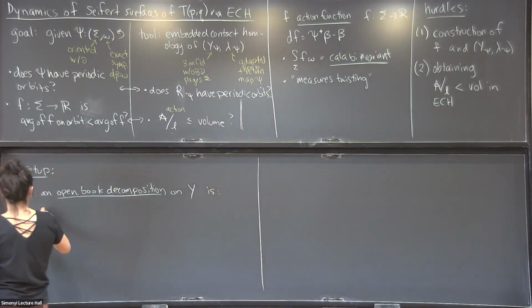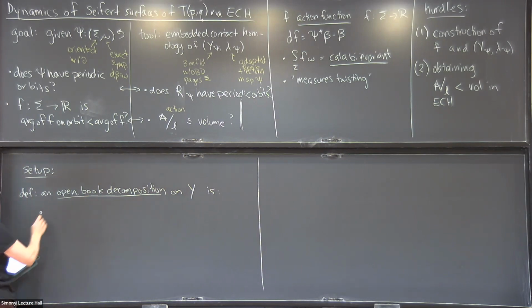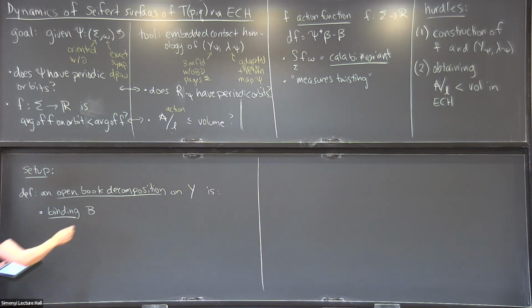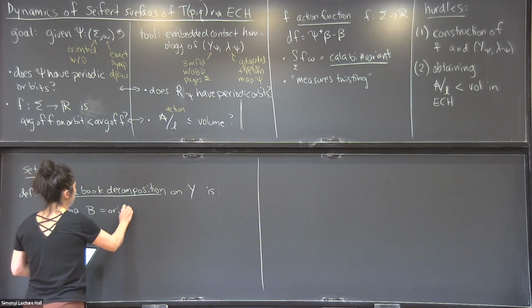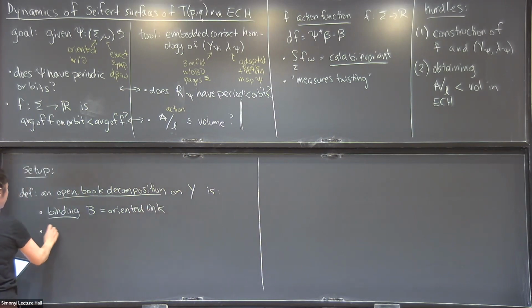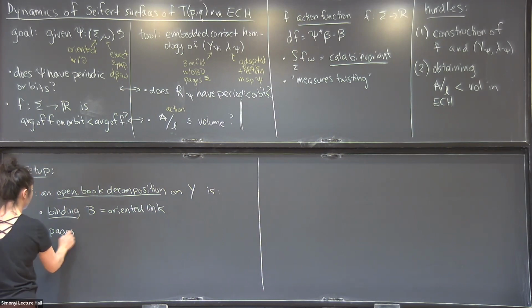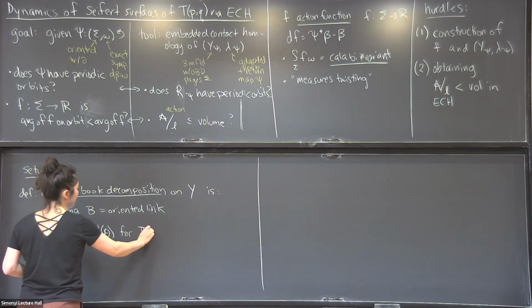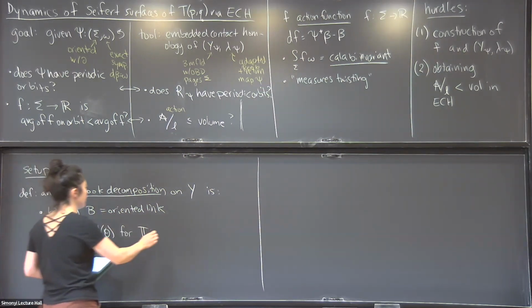So it's a pair: it's Y, and then also the binding, which I'm going to call capital B. This is an oriented link. And then the pages. Actually the real thing is the projection map, but we think about the pages, which are pi inverse of theta for some theta in S1.